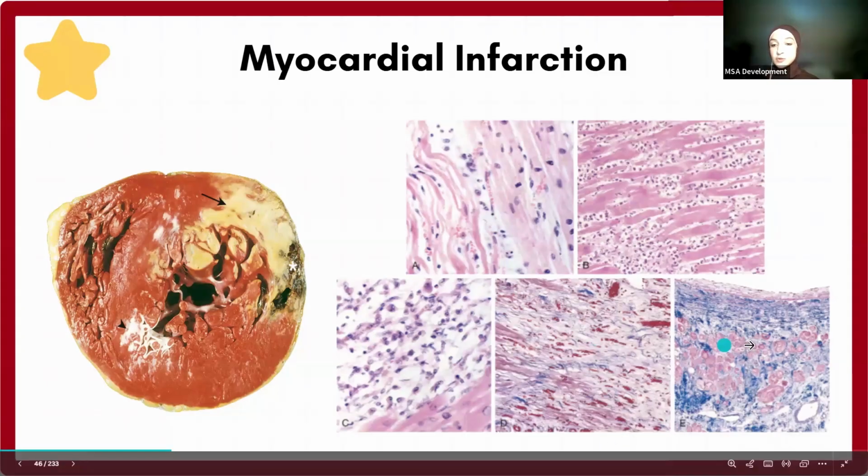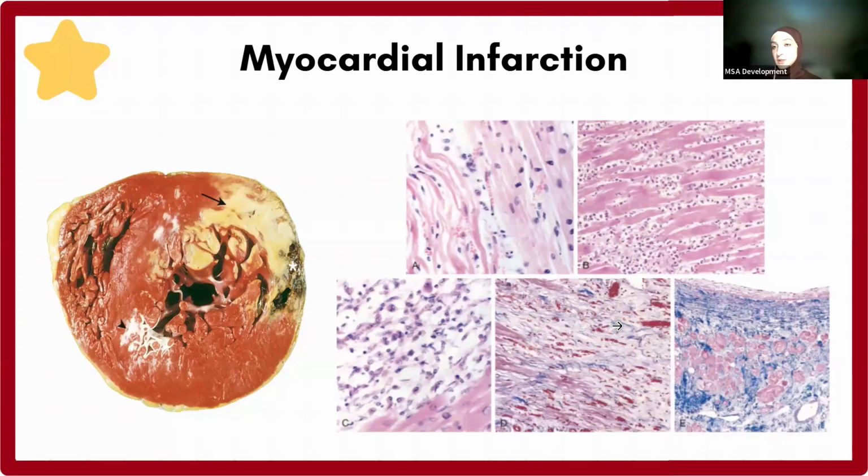This collagen deposition starts to occur from 10 to 14 days after the MI. So picture D is at 10 to 14 days, with granulation tissue occurring and the introduction of capillaries.